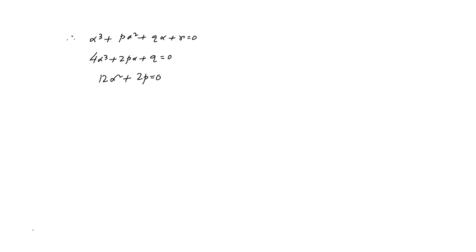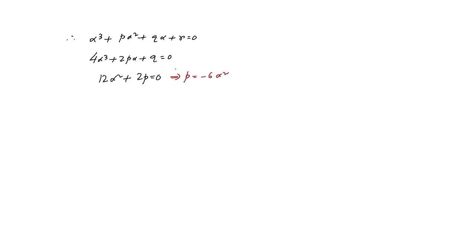Now we'll do the back calculation. We'll start from the last and go to the first. Here p equals minus 6 alpha square.